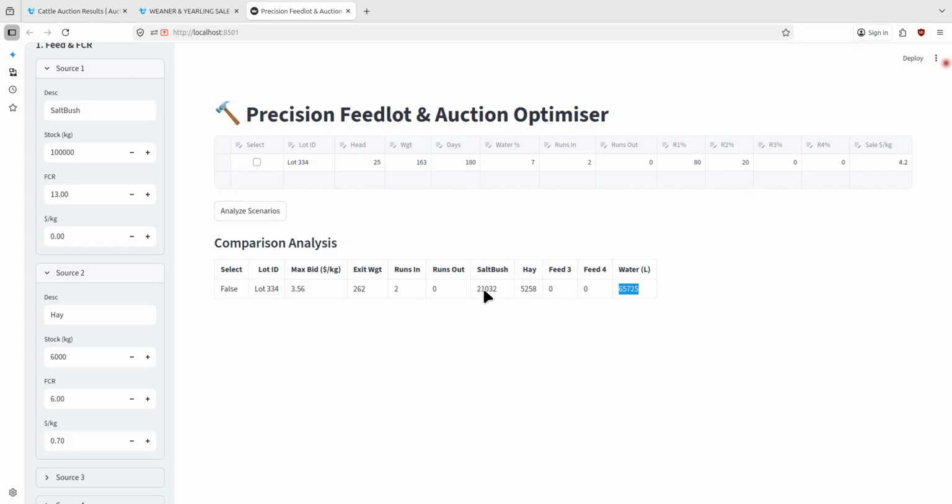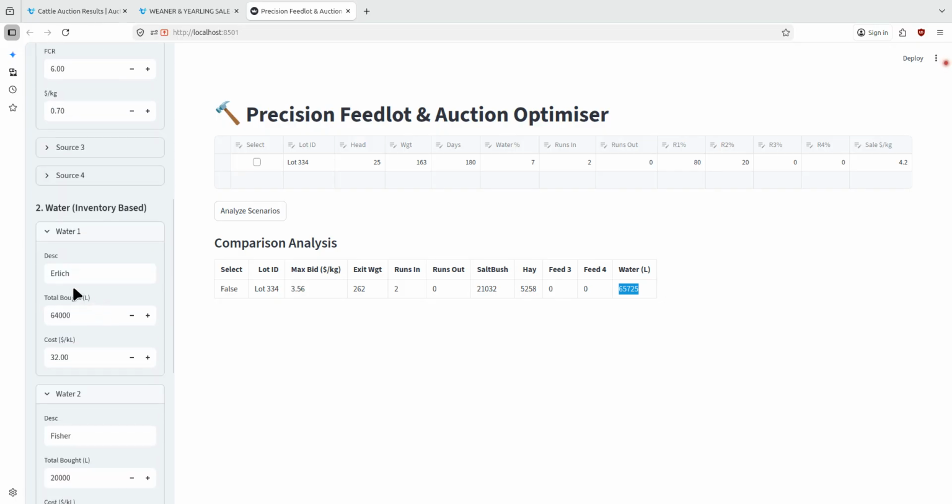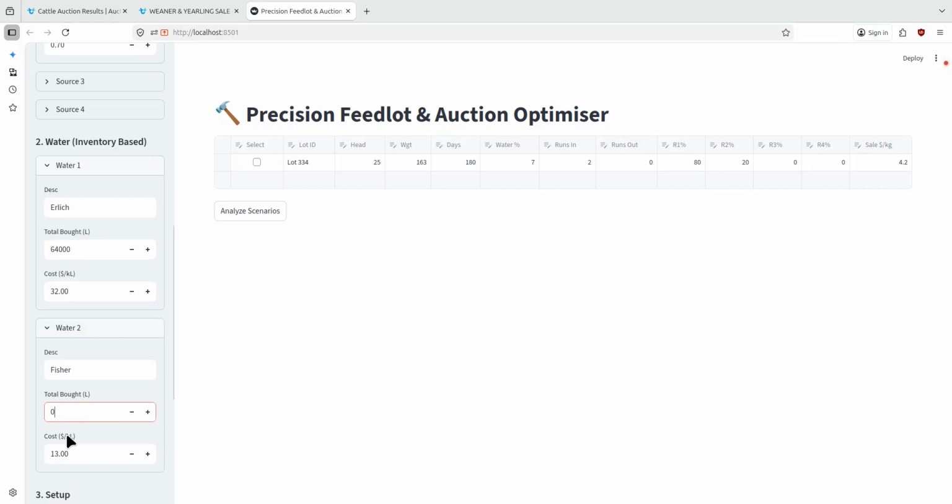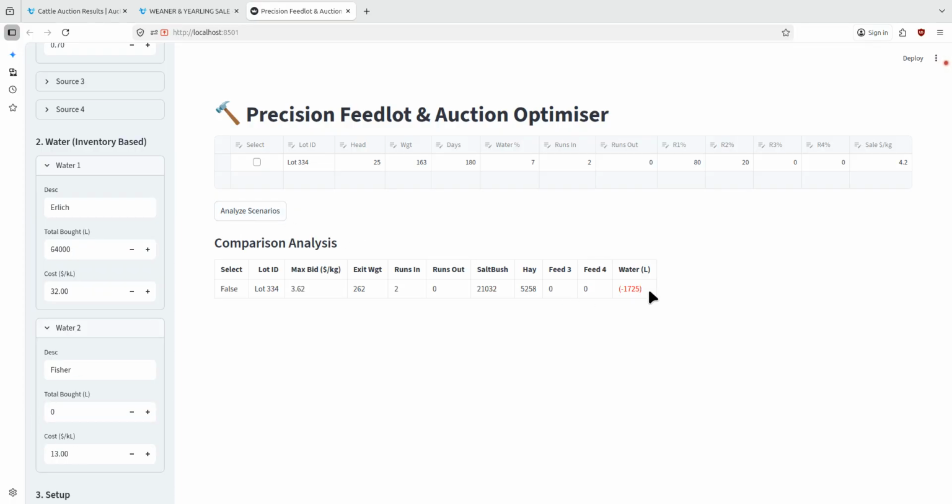Likewise with water, if I only get the water from the truck that comes in with the 2 loads to give me the 64,000, and my trailer's broken and I can't buy water myself, then I'm going to be literally out of water.